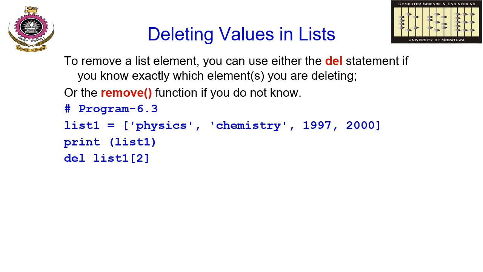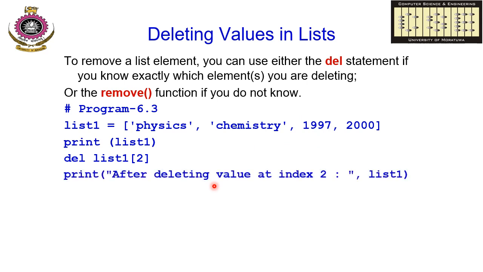So what is the index 2 item? Index 2 item in this list is this one, right? So 0, 1, 2. Now we are expecting this line of code to delete this specific item from the list. So we have a print statement after deleting the value at index 2, to print the list.